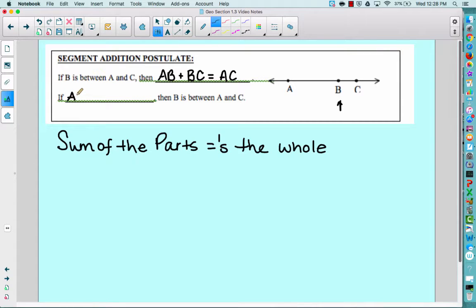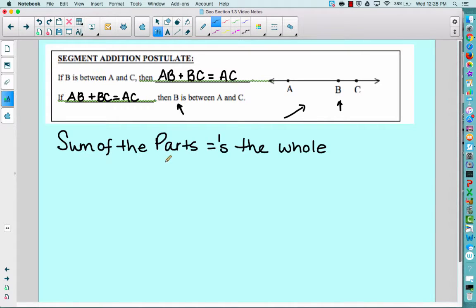If AB plus BC equals AC, then I know that B has to be between them, as long as a diagram is given to me and I can actually say by the segment addition postulate that B would be between A and C.